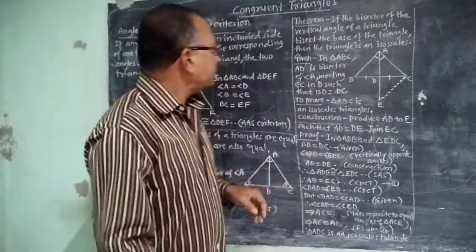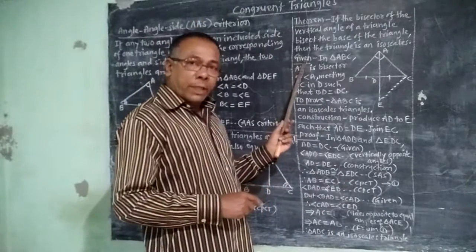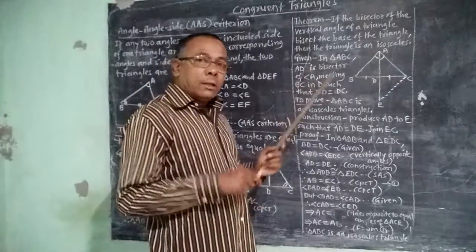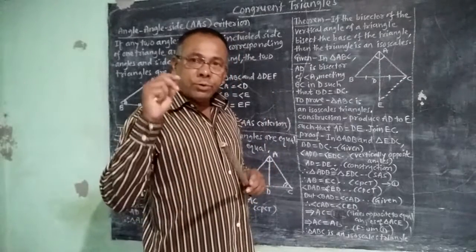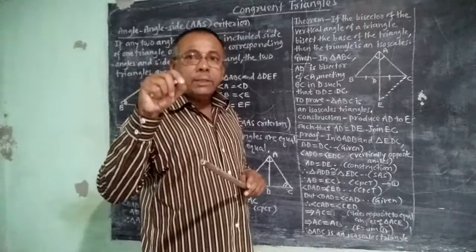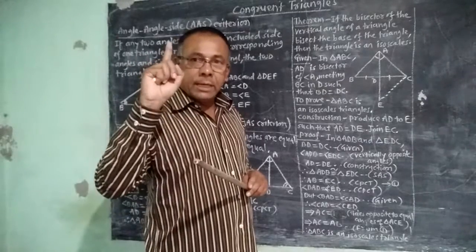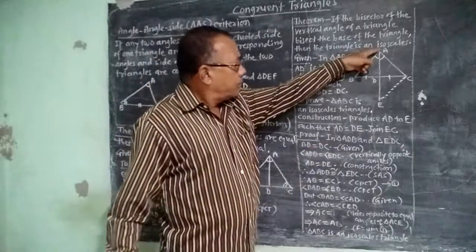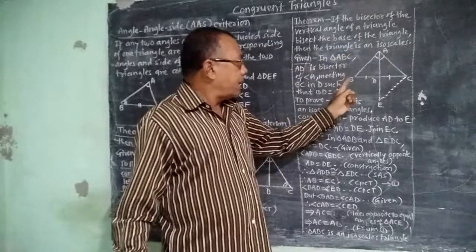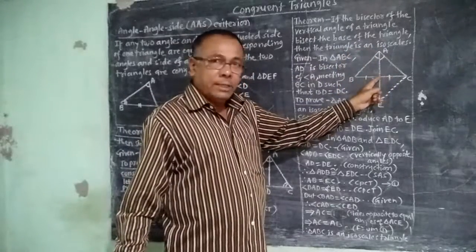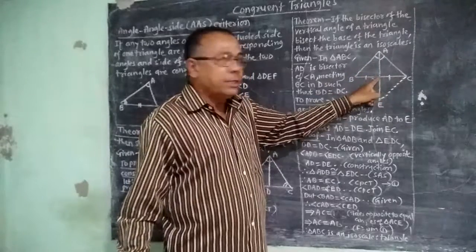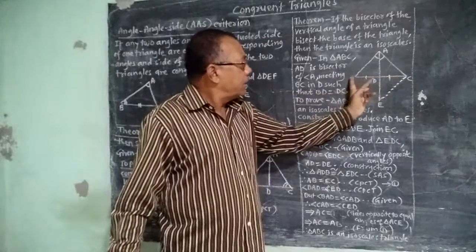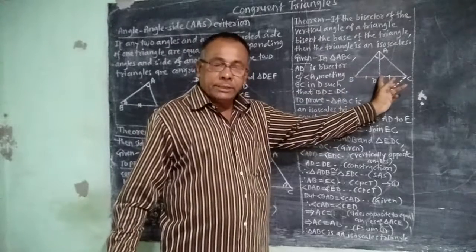Now it is given that we have drawn the bisector of the vertical angle A, which intersects the side BC at D, and means it bisects the side BC. So D is the midpoint of BC, and therefore BD is equal to DC.